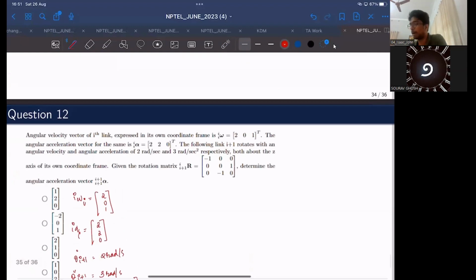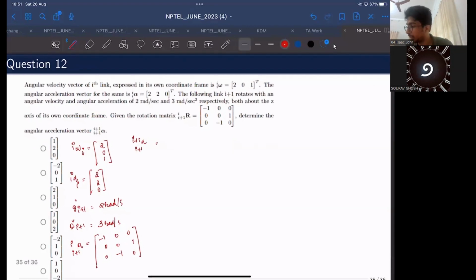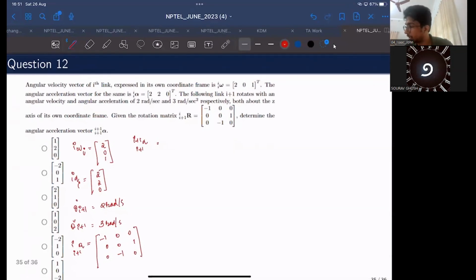So we have to know the expression. If you want to go back to the forward propagation equation, as we have discussed, the expression for I plus 1 alpha I plus 1 is, we write the subsequent terms. We have the previous angular acceleration, plus the tangential component.